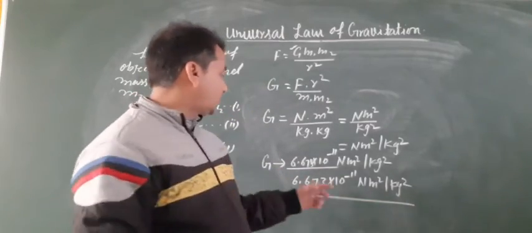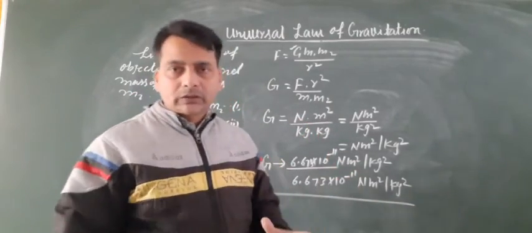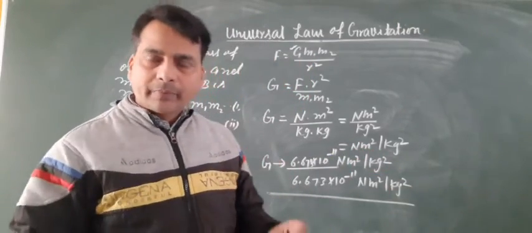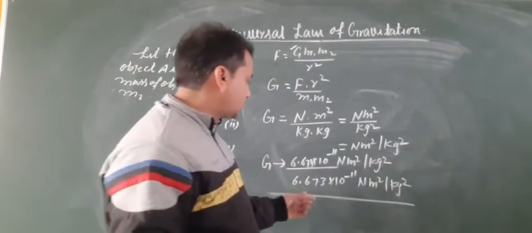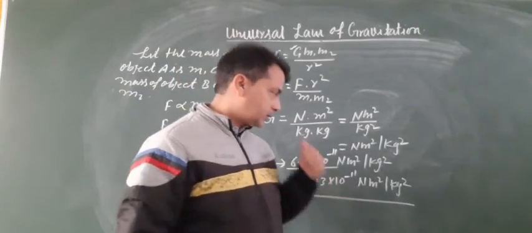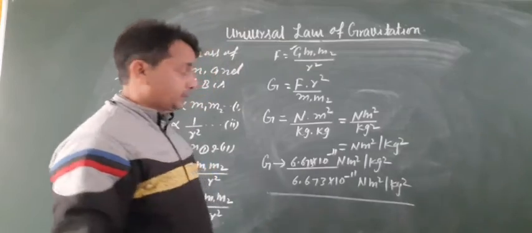So here the unit of the gravitational constant is Newton meter square per kg square, and the value of capital G, that is 6.673 into 10 to power minus 11 Newton meter square per kg square.